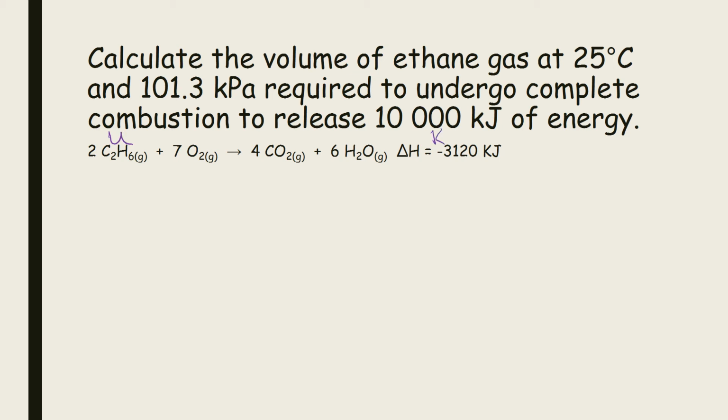Now remembering, this is our unknown and this is our known. So you can see that 2 moles of ethane released. Now I know it was released because it tells me the change of H is negative. So it released 3,120 kilojoules. This, remember, is our known and this is our unknown. Now what we need to do is we do it the same way we did our mole to mole ratio.